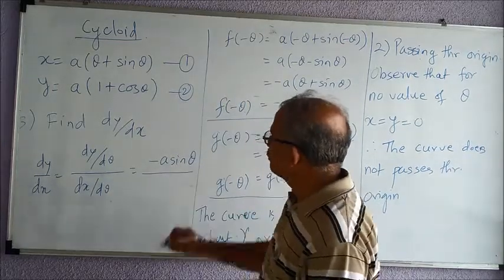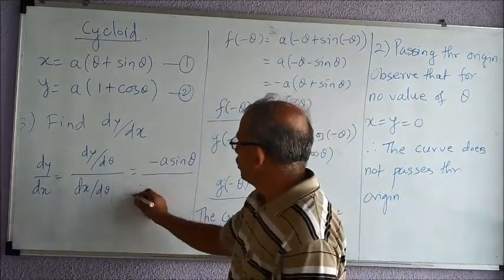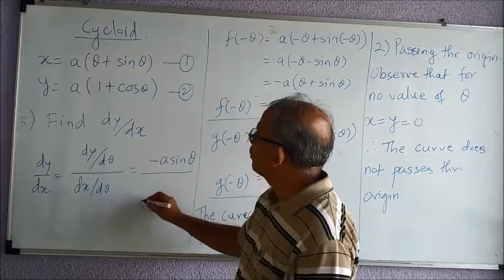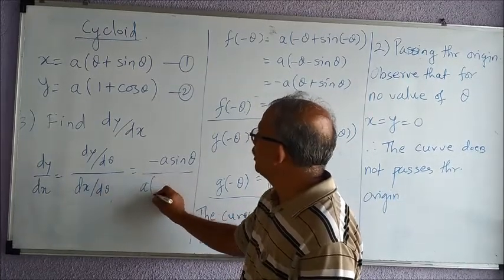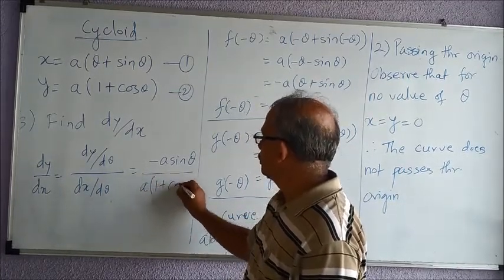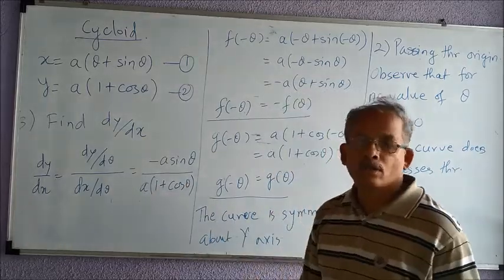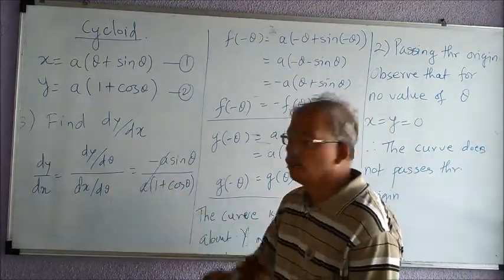And what is dx by d theta? It is a into bracket 1 plus cos theta. So this a gets cancelled.